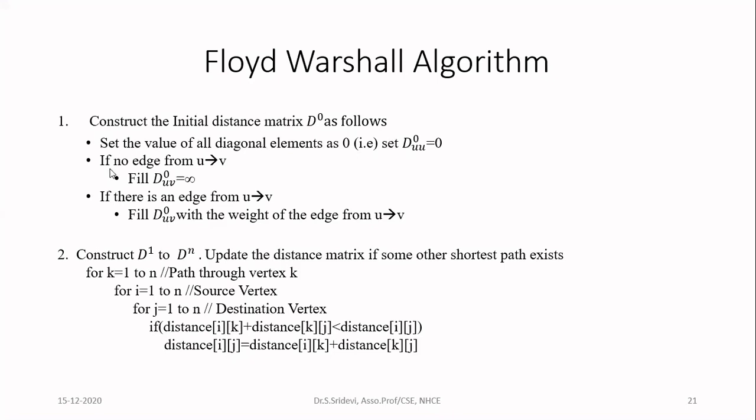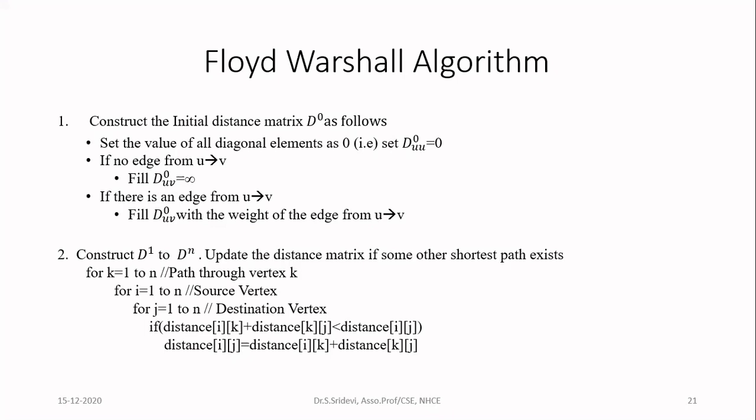After that, you will check whether there is an edge from node u to node v or not. If there is no edge from node u to node v, then you fill the distance of u to v in the matrix D naught as infinite. The meaning here is, since there is no direct edge at that point of time, you don't have a direct path from node u to node v.